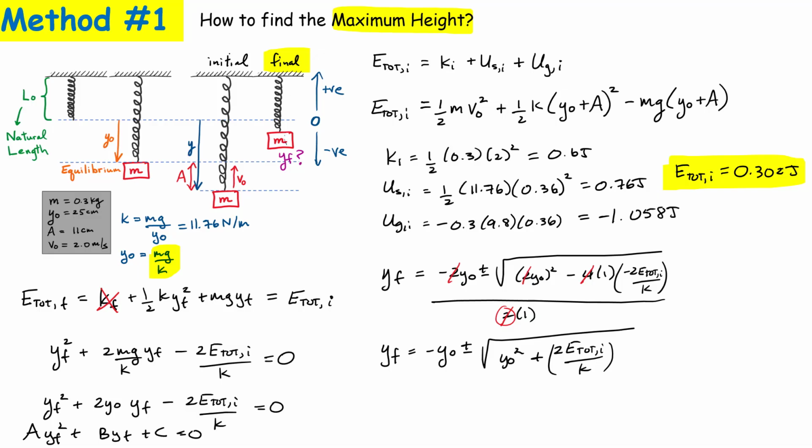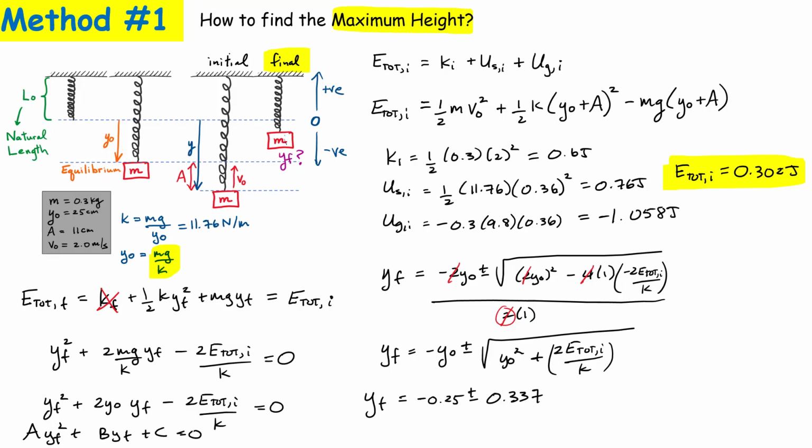You can simply substitute inside your equation, and this is what I'm going to end up getting. Okay, I'm going to get y final equals minus 0.25 plus or minus. Now, if you evaluate this square root term, again, you're substituting 25 centimeters for y0. Using this second term, I think I got 33.7 centimeters.